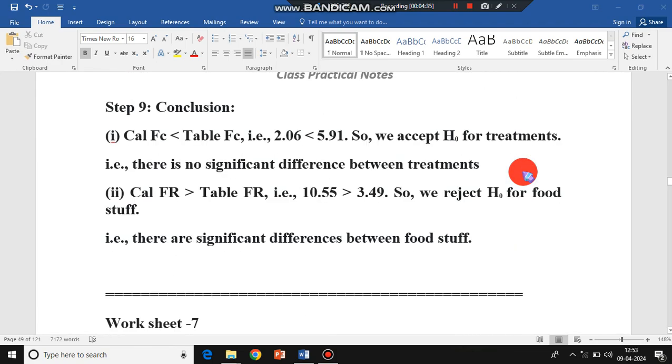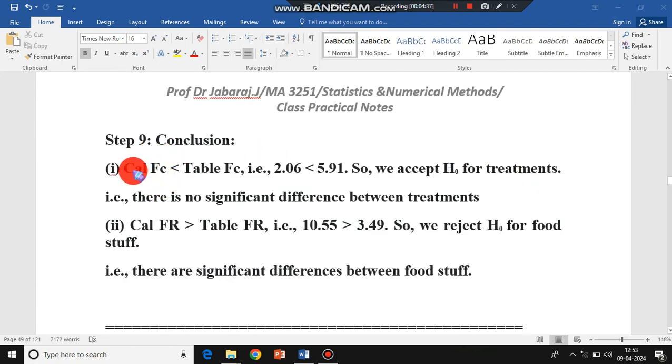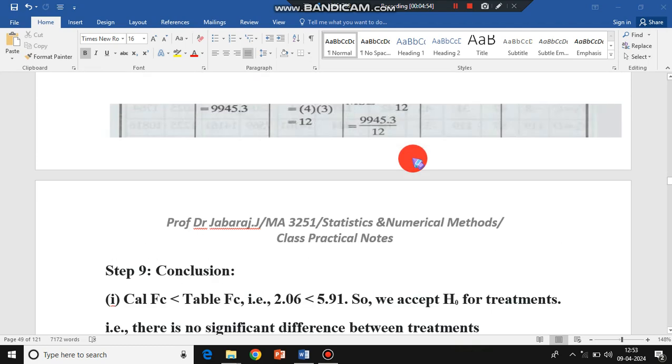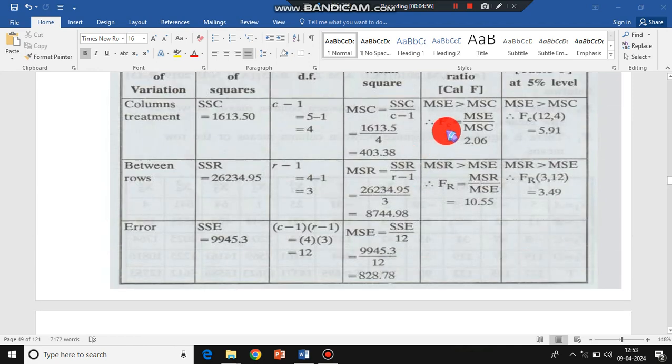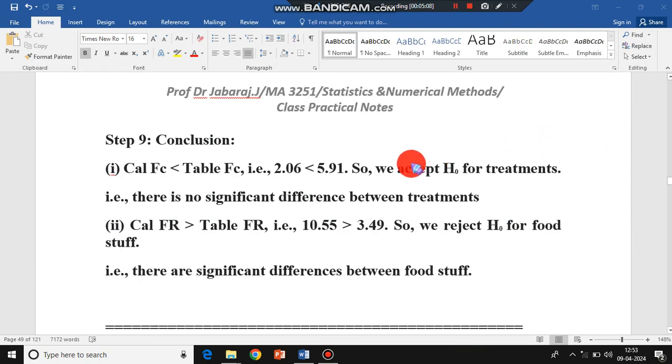In case 1, the treatment case, we see that the calculated value of f column wise is less than the table value of f column wise. The calculated value of f column wise is 2.06, whereas the table value is 5.91.